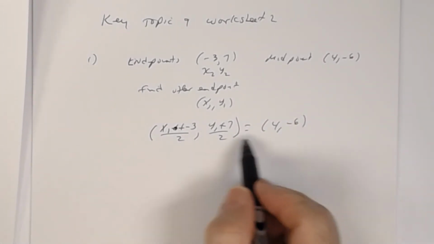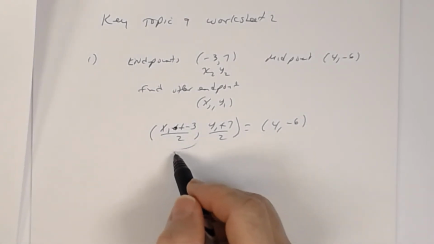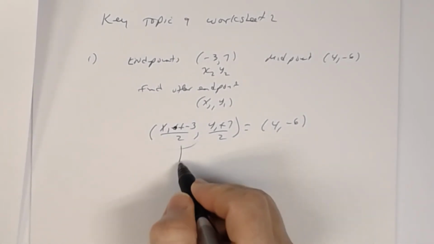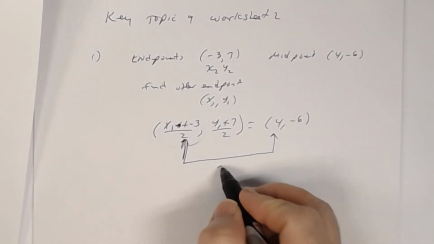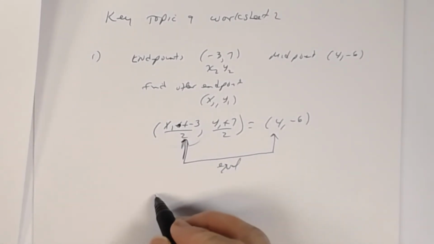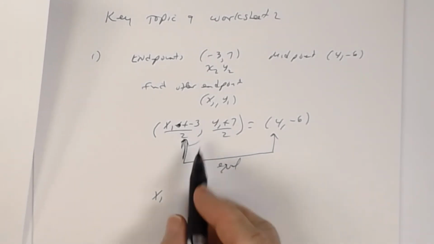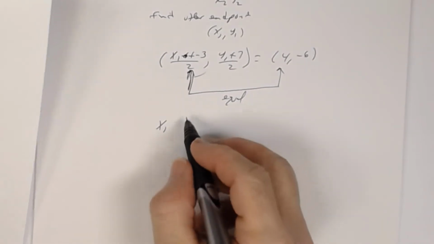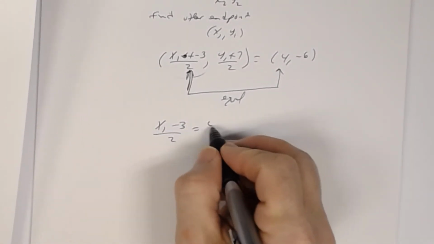Now, to get 4, I use this right here. This statement means that this x coordinate and this x coordinate have to be equal. So x1 plus the -3, which means the same thing as x1 minus 3, divided by 2 is equal to 4.